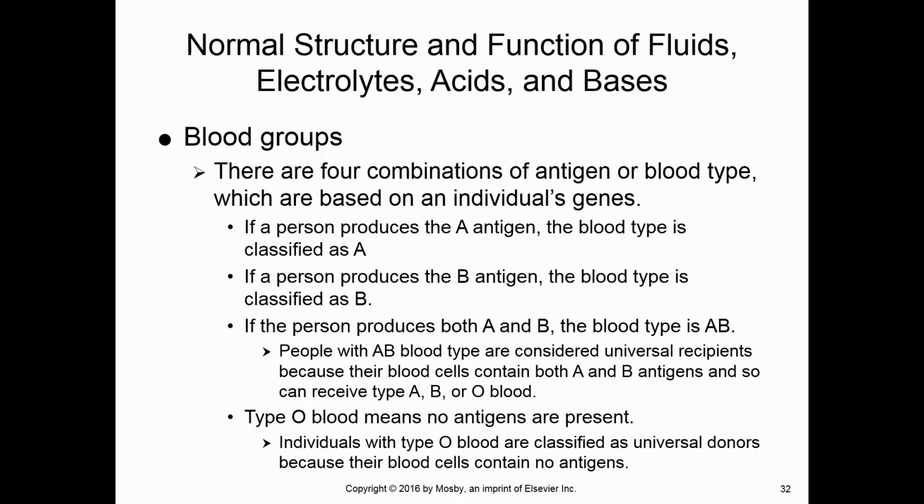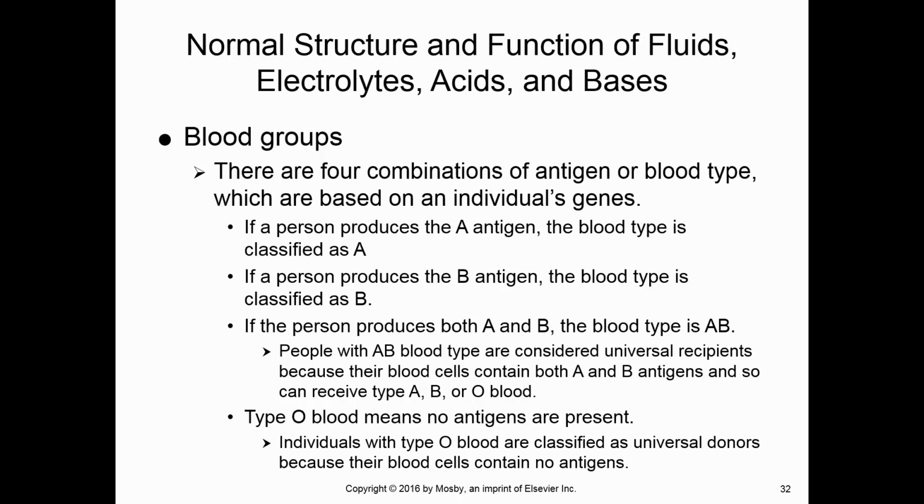Now, a person who is type O, remember, type O has no antigens on their blood cells. So type O people are universal donors. They can give blood to any of the different blood types, but they can't get blood from any of the different blood types, because why? Because they don't have antigens on their blood.